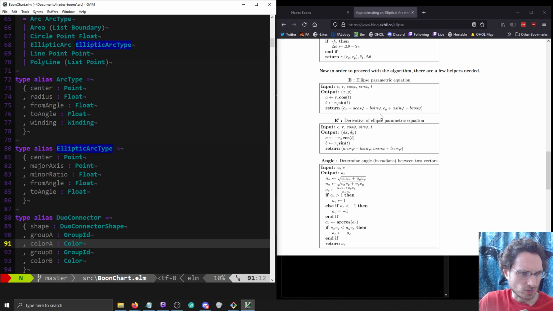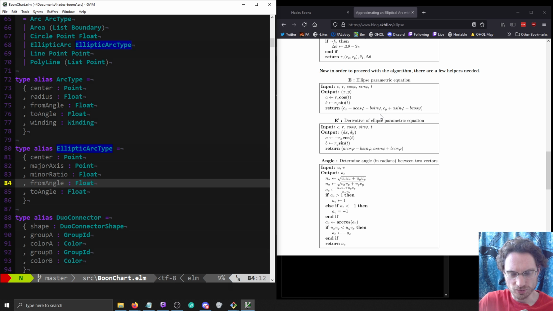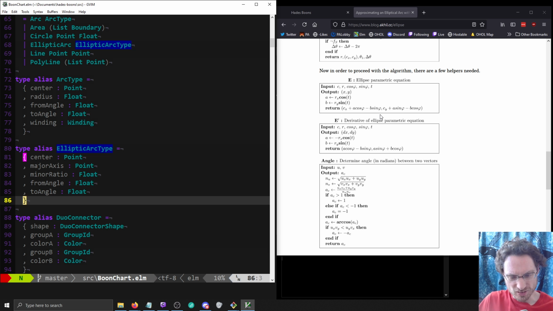Elliptic arc type. Center, major, minor, and this is the angles. This point is only at a single angle, so this is elliptic arc. The point is a point at a single point.